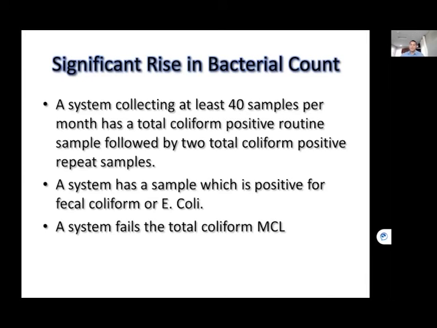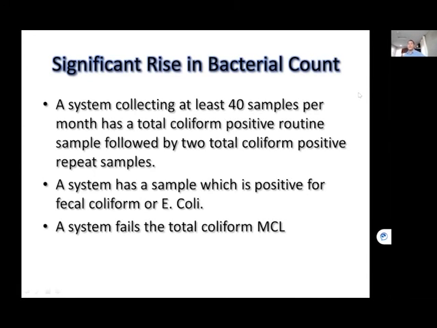A system collecting at least 40 samples per month has a total coliform positive routine sample followed by 2 total coliform positive repeat samples.